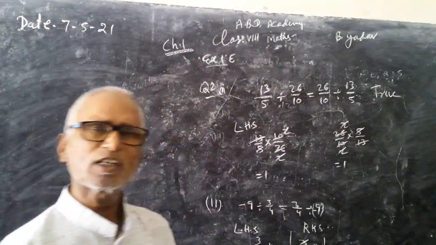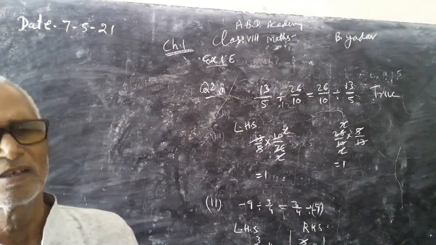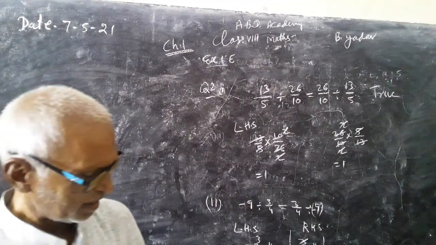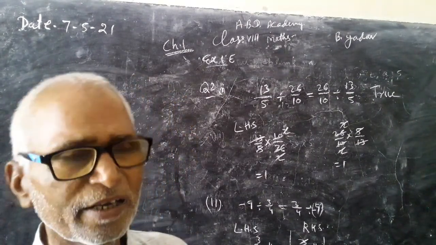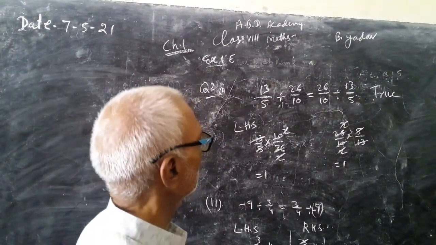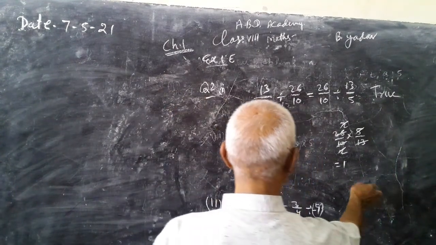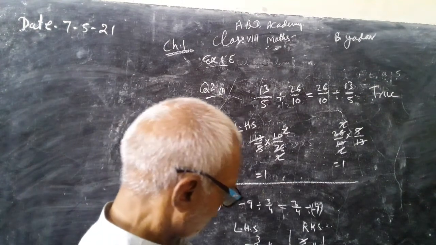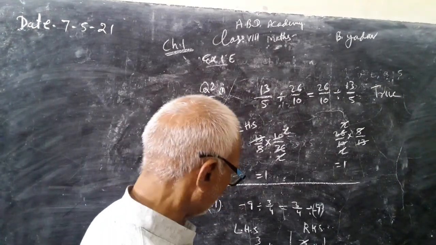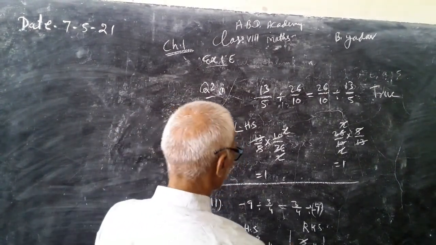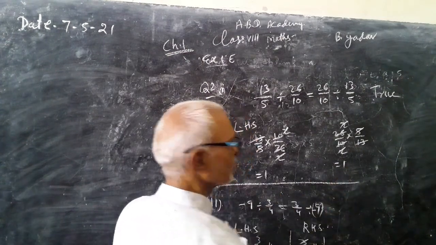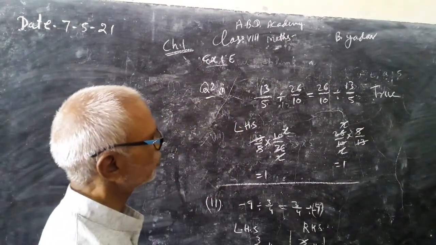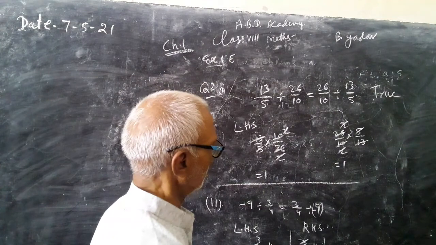Because the reciprocal of 1 is also 1, as you did in question 9 of exercise 1D. So unfortunately it becomes true. But in other questions, the second I have solved for you here, it's a reciprocal. Because once the reciprocal is 1, that's why here it is true. But it must be false.